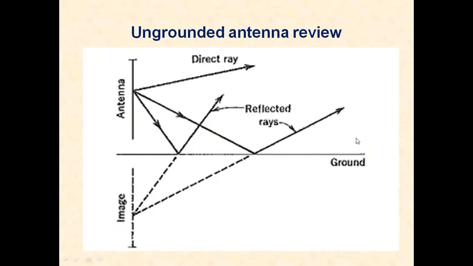At any particular distance, we have a receiving antenna. The receiving antenna picks up the direct radiations and the ground reflected radiations as shown in the diagram. So the total field at the receiving antenna is equal to the vector sum of the direct ray and the ground reflected ray.